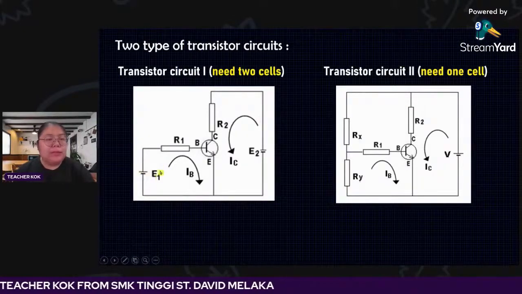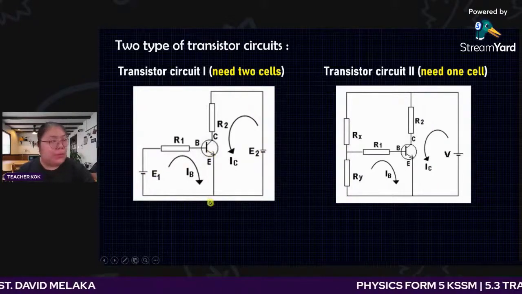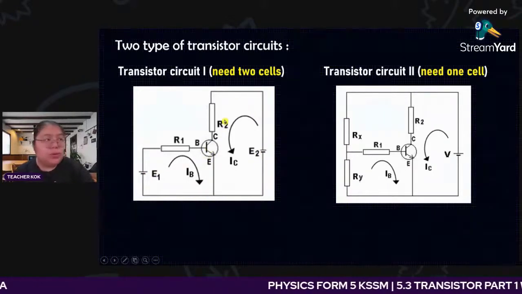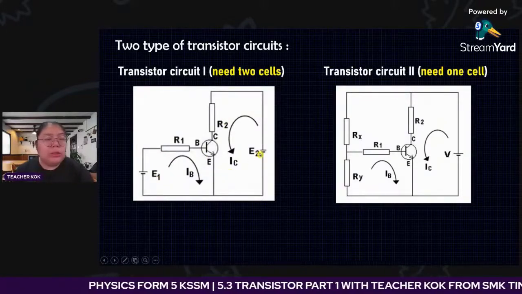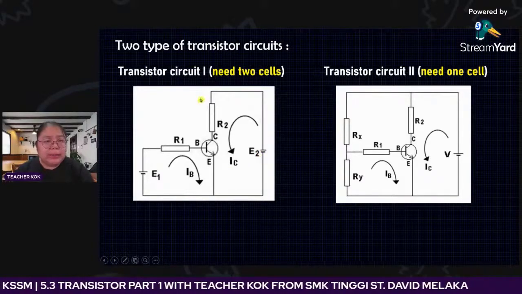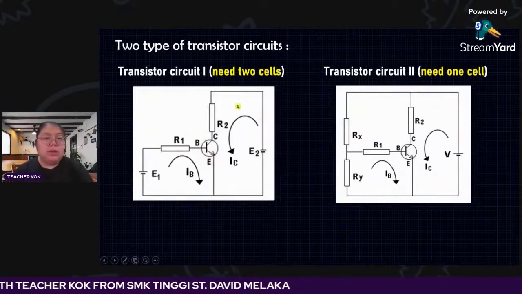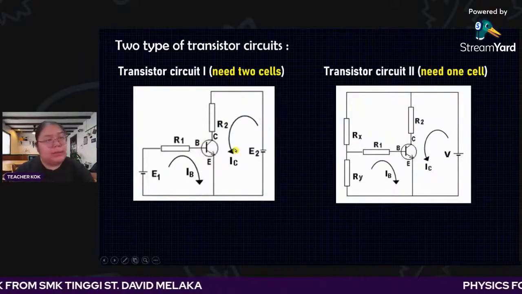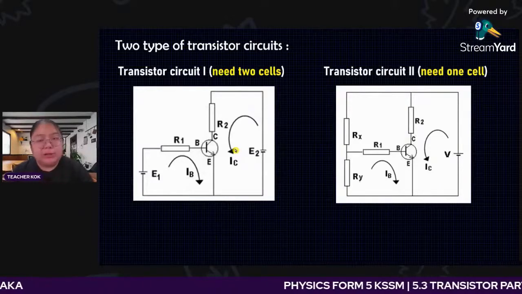If the base has E1 but no E2, the base current only goes to the emitter, because I told you the base cannot go to the collector. If I cut E1 and only put E2, it also cannot function. From E2, the collector current only goes to the emitter and cannot go to the base. So in this situation you must have two batteries, then the transistor can function.